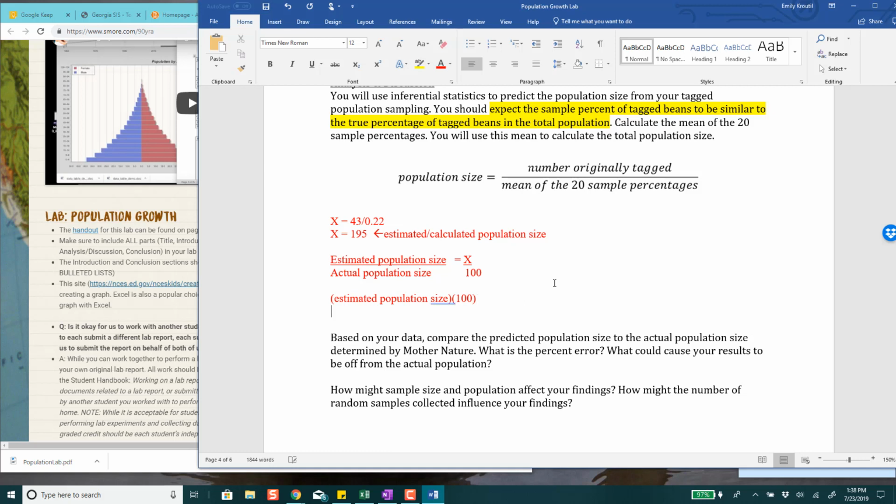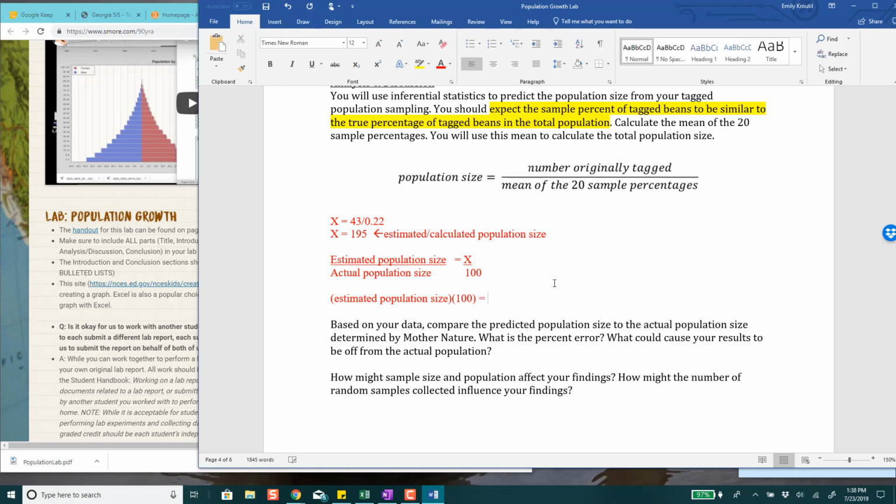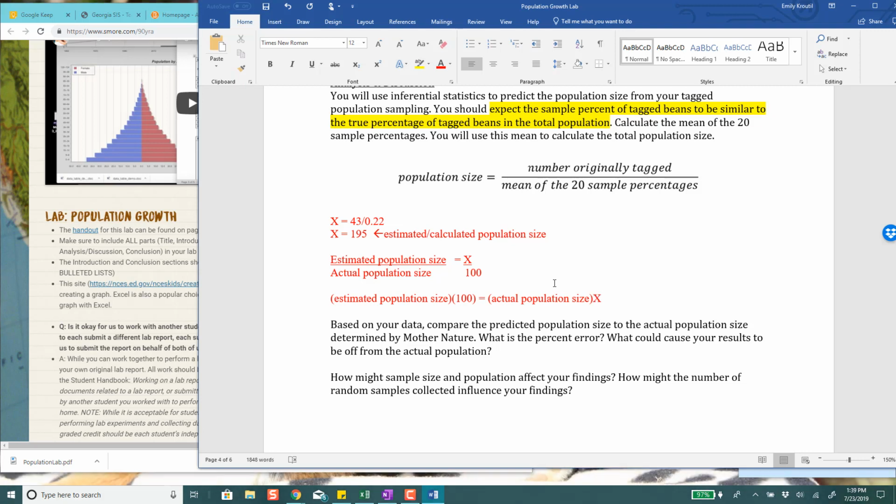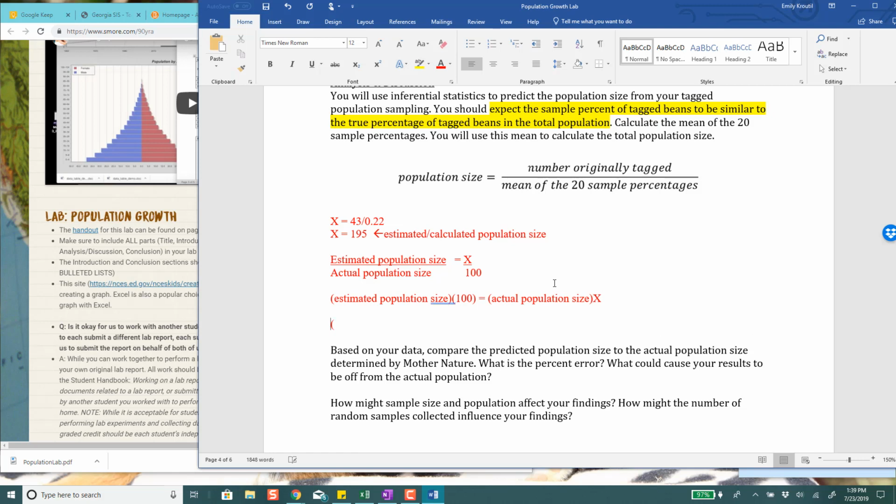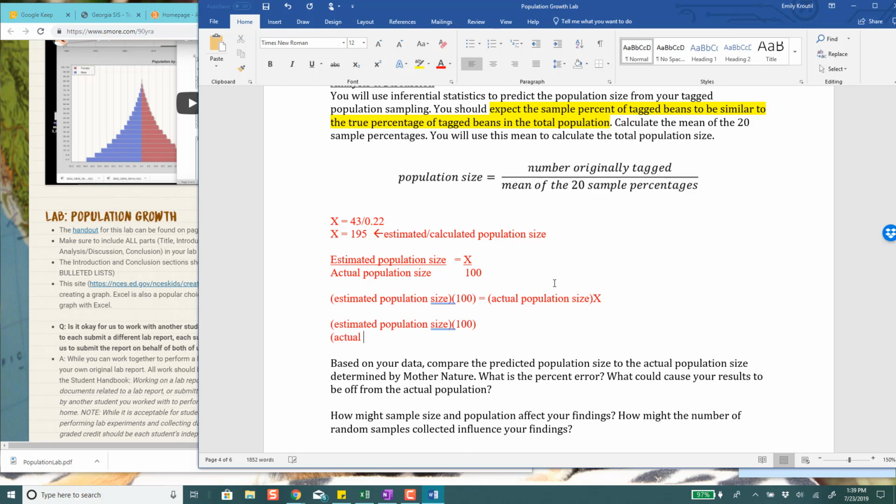And I don't know what the real numbers are, so if your estimated is actually higher than your actual population size, you may get a number more than 100, and then however much more that is over 100 would be your percent difference.